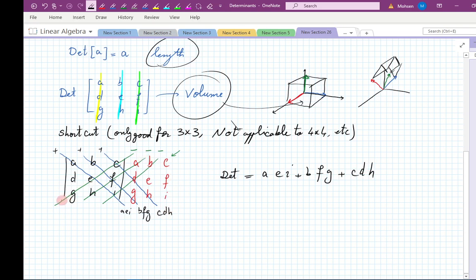And going in this direction, I have CEG, except negative, and then AFH, and then BDI, I believe, BDI. So we have 6 terms. 3 of them come with plus signs, 3 of them with minus signs in front of them. Each of them is a product of the 3 terms.